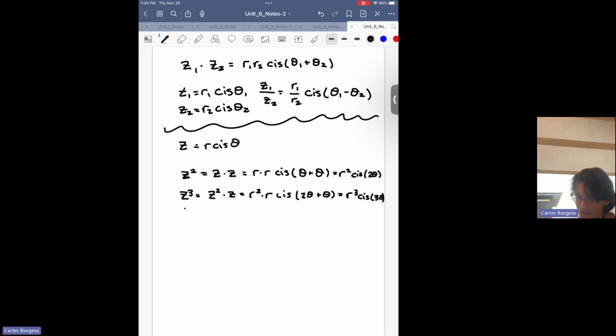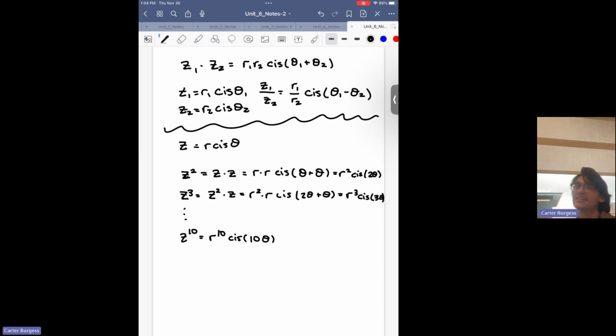So what's the pattern here? What is z to the power of 10 going to be equal to? So it's z to the 9th times z, which we could do recursively, but we could also, like Kevin was suggesting here, jump to the end: r to the power of 10, CIS of what? 10 theta.